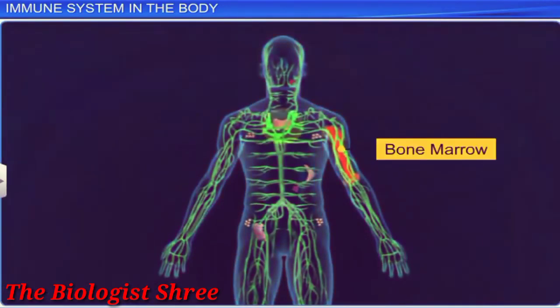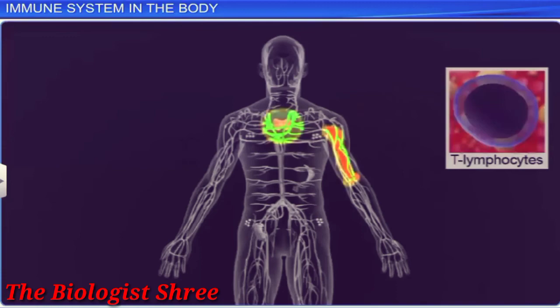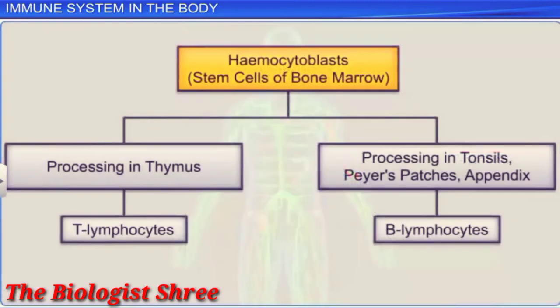Both bone marrow and the thymus provide the environment for the development and maturation of T lymphocytes. It is in these two organs that immature lymphocytes differentiate into antigen-sensitive lymphocytes.